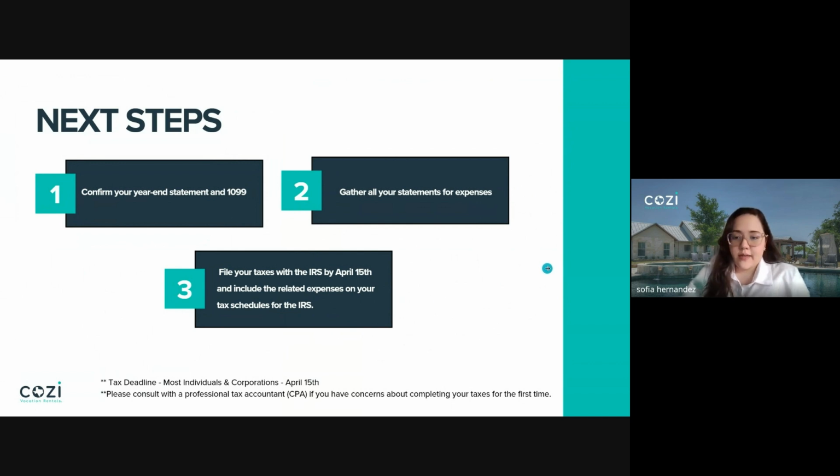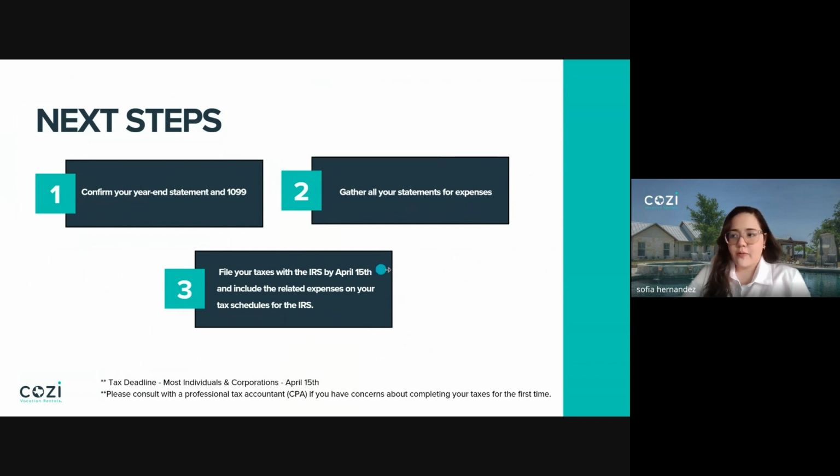What are the next steps after receiving the 1099? You are both receiving the 1099 form and your annual statement that you can access through Track, and that's where you can go, as Wendy was mentioning, all the expenses that you had. You have to gather all your statements so you can see all those expenses, and then you need to file your taxes with your tax advisor or CPA by April 15th.